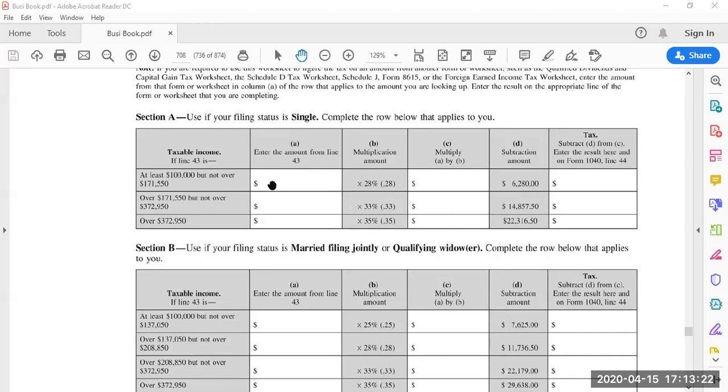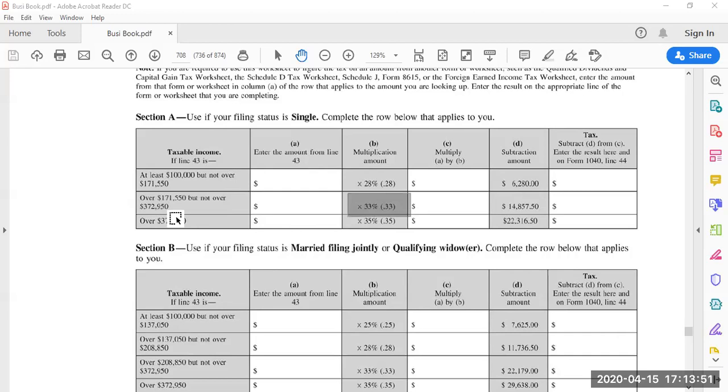Now, if you notice, the rows simply show you the different ranges of income that you will be charged a certain tax rate. In this case, for the single, if you're earning at least $171,550, but not over $372,950, then you would be charged a 33% tax.